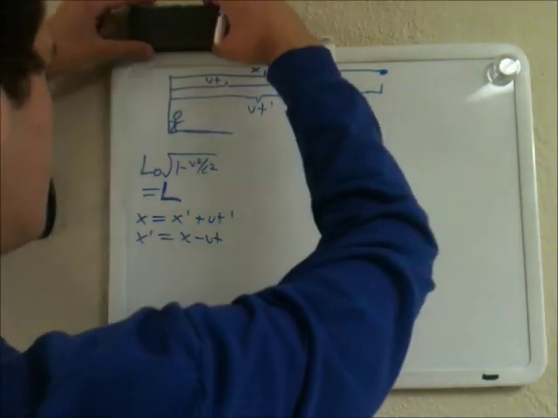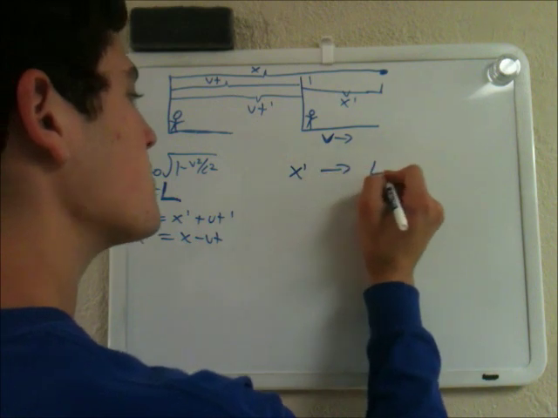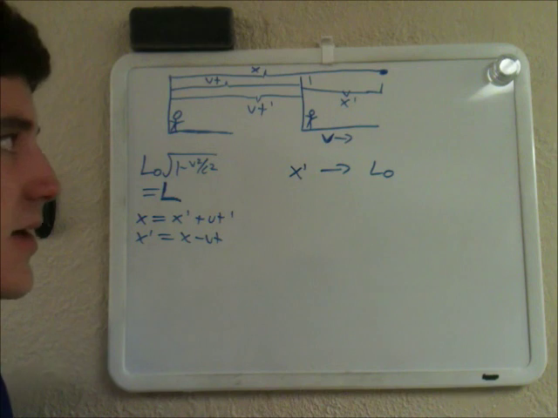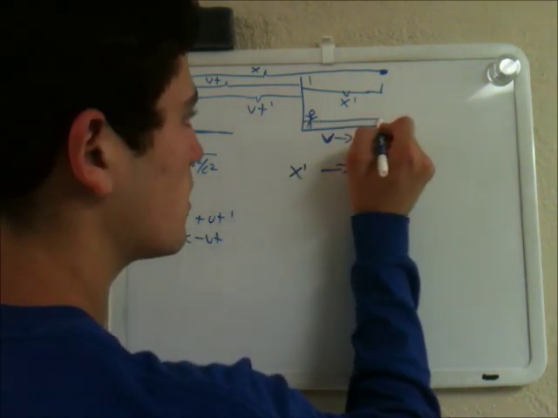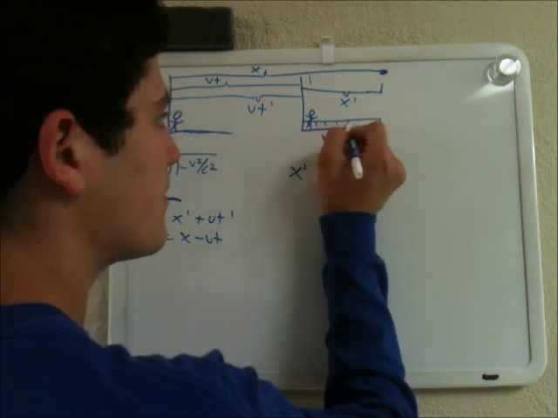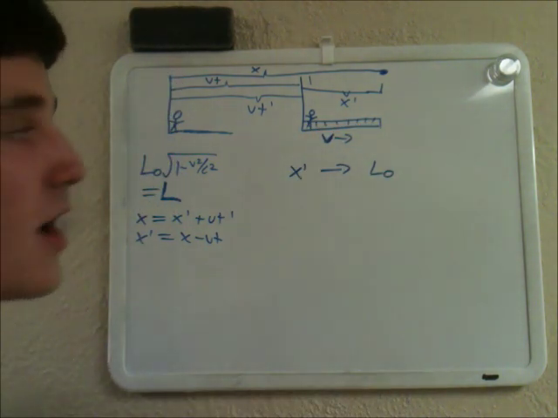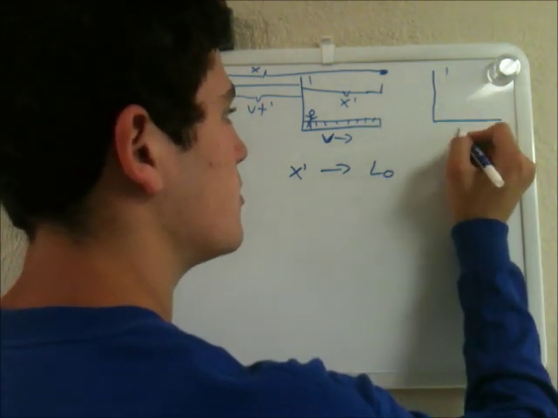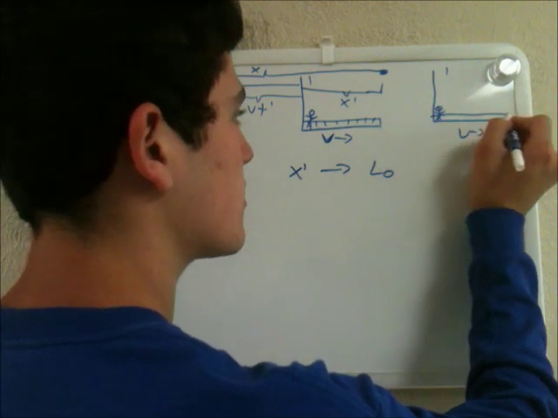So let's say that x prime is now L naught, and you might originally think, wow, this doesn't make sense. How can that be? Let's imagine that there's a ruler in the prime reference frame. And at a later time, when the prime reference frame has moved to here, this ruler is still going to be here.